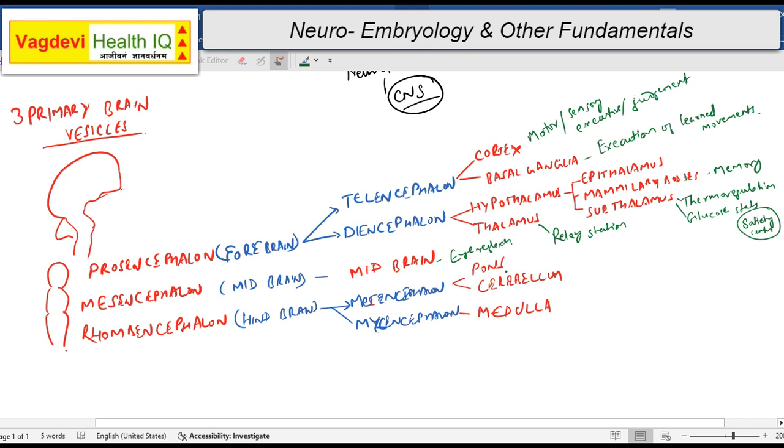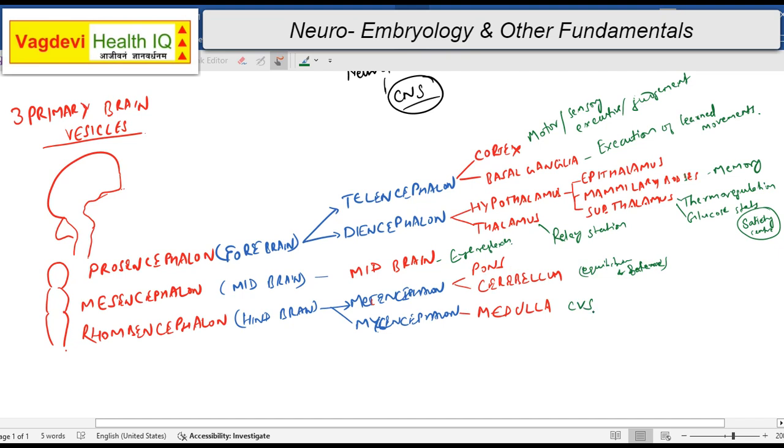Okay, so pons, we'll come to this later, no problem. Cerebellum, as you know, is equilibrium and balance. Here also there are a lot of catches we will see when we see the related disorders. Lots of functions.